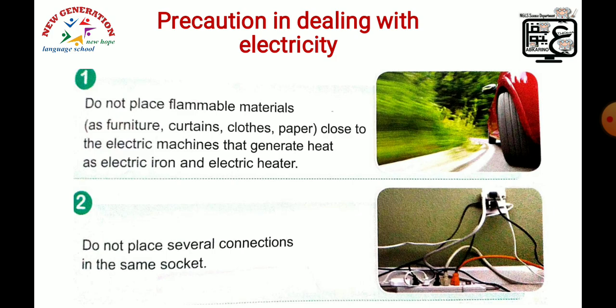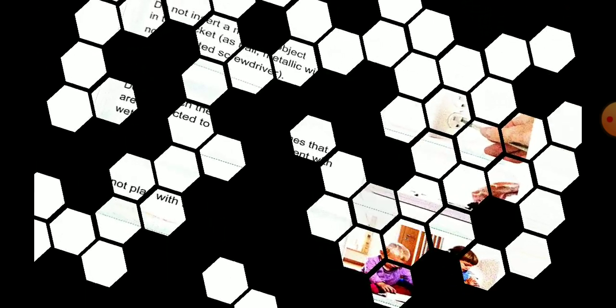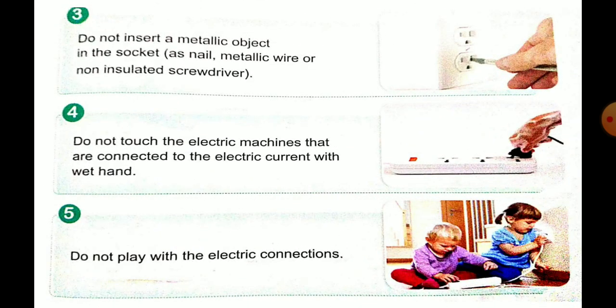Okay, super. And number 3, don't insert a metallic object in the socket, as nail, metallic wire, or non-insulating screwdriver.